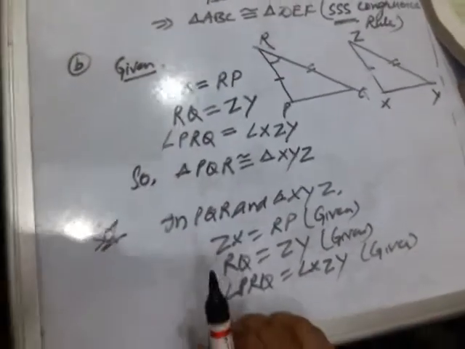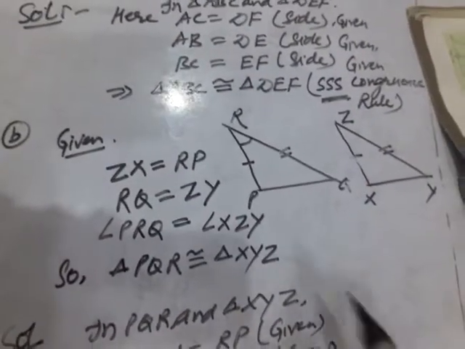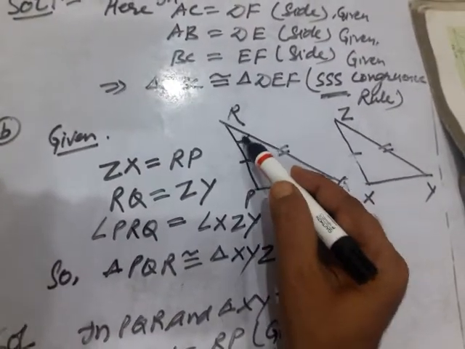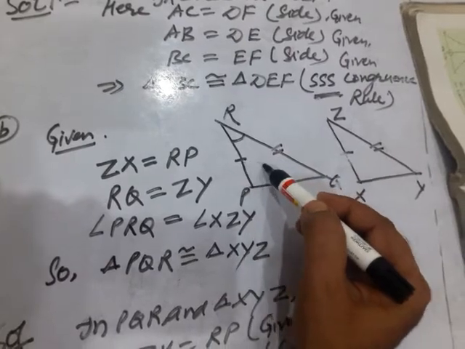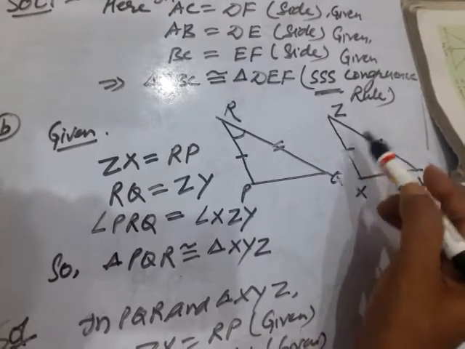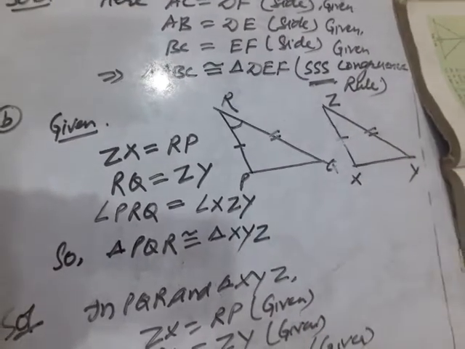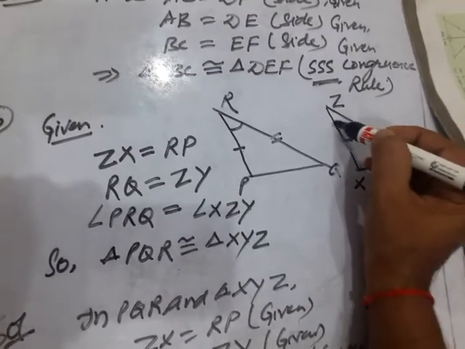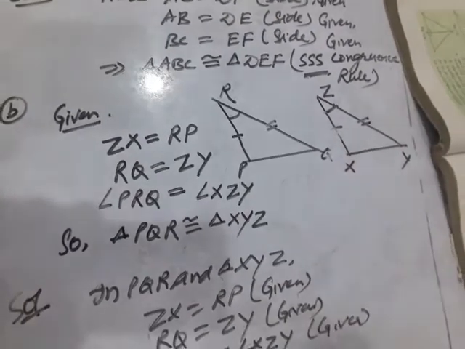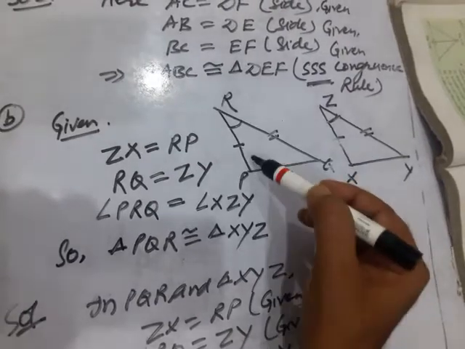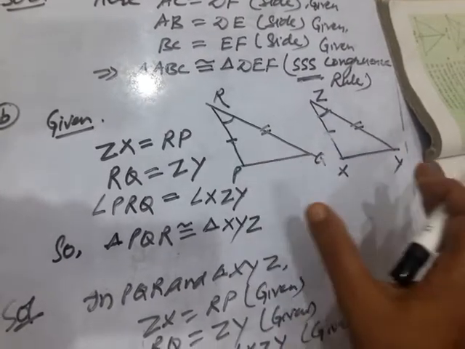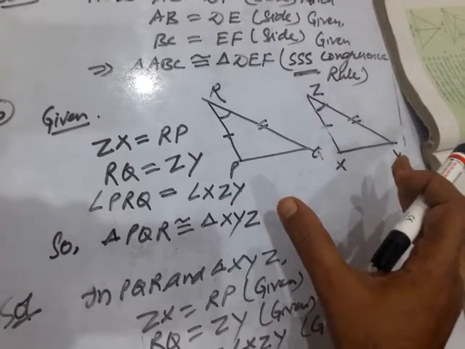Now let us locate them physically. PRQ means side angle side of one triangle are equal to the corresponding side angle side. This angle PRQ is equal to XZY. This angle is equal to this angle. So this side, see, the equality has been shown with the similar markings, children.